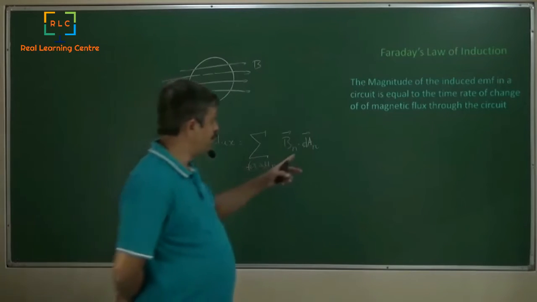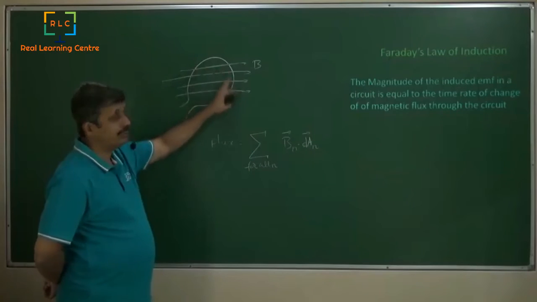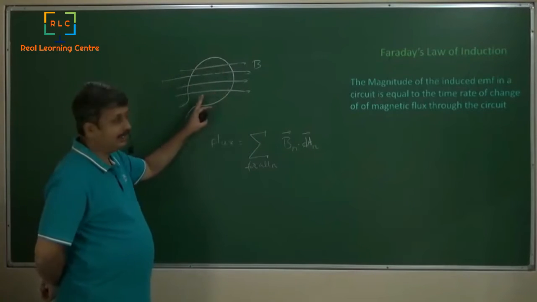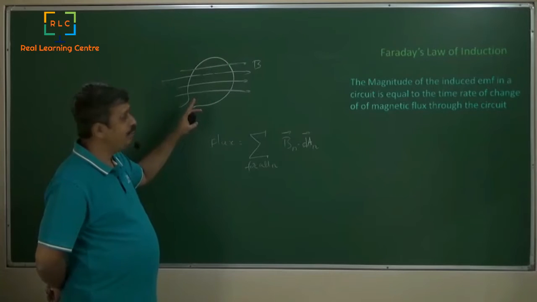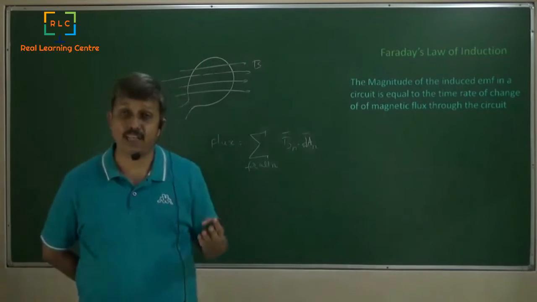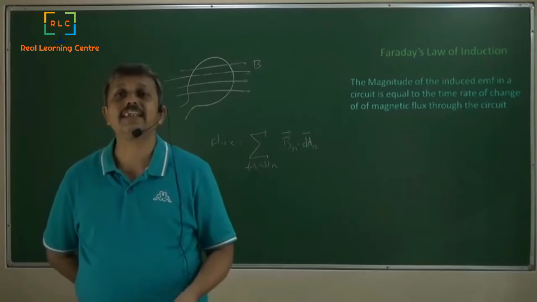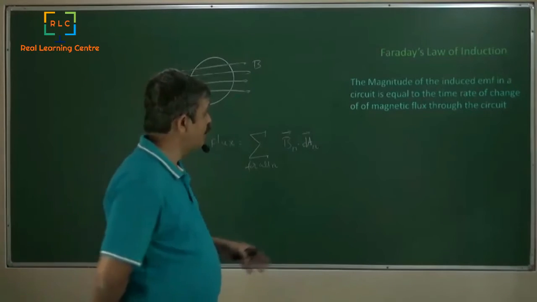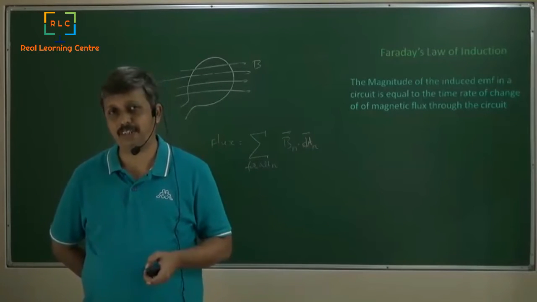You can calculate the flux through that circuit, in a sense how much flux is going through this area. If that flux is changing with respect to time and is not stationary, then that will be the exact amount of EMF that gets induced.